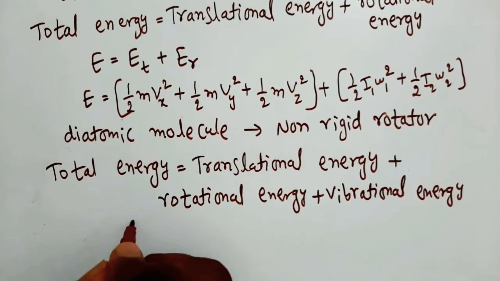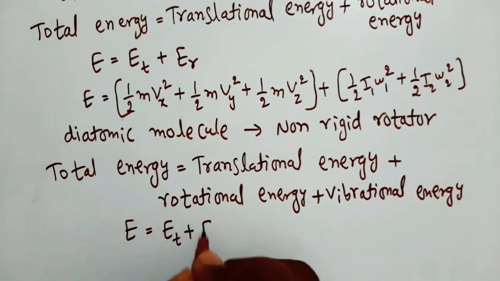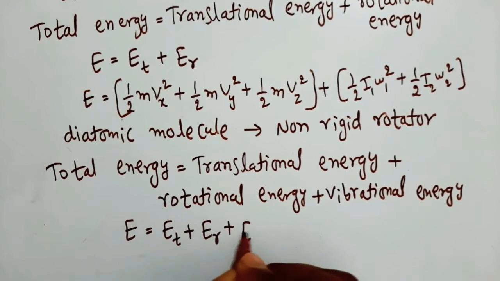That is, total energy is equal to Et plus Er plus Ev.